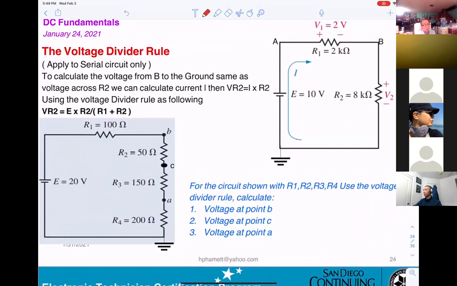Okay, now we go to the voltage divider rules. What does that mean?